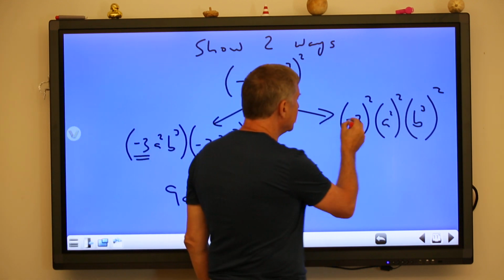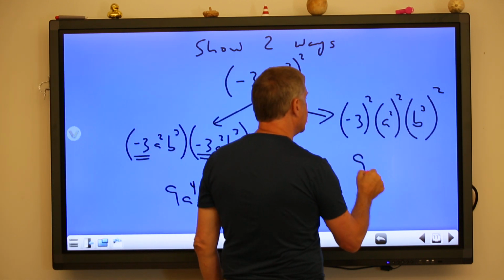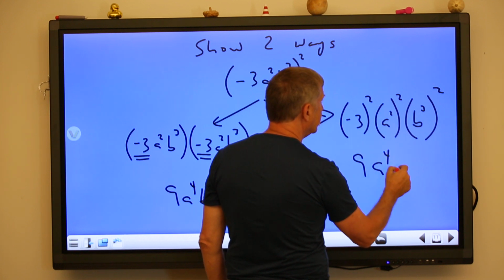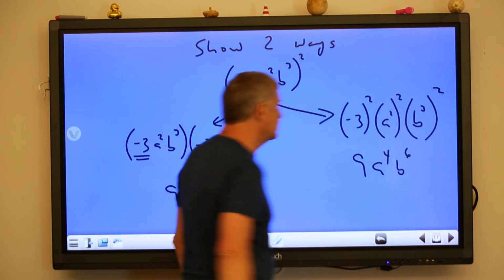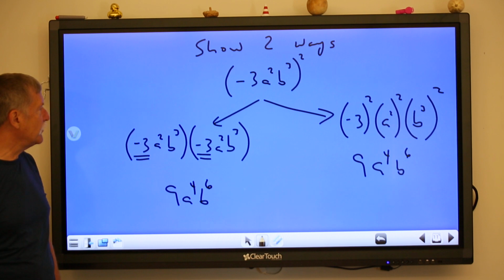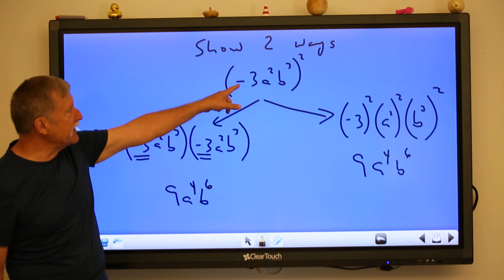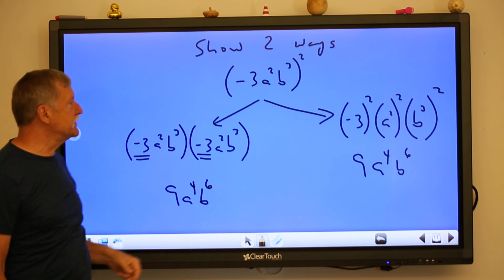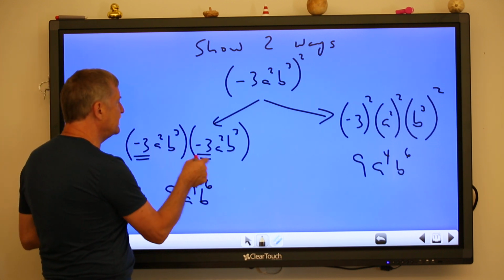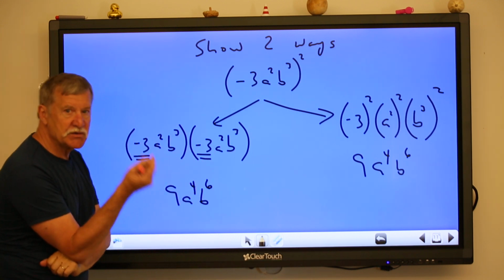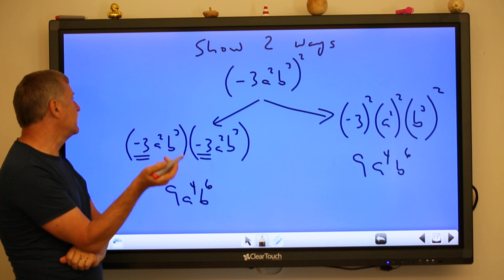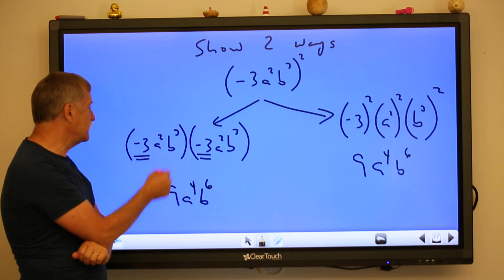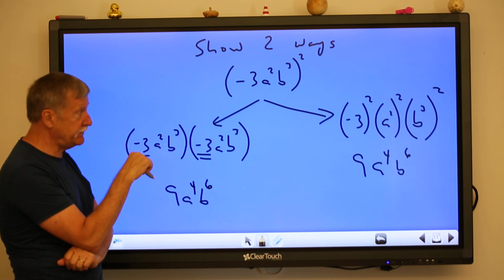Or here, minus 3 twice, 9, a to the 4th, b to the 6th. Those are the two different ways to do it. And notice that this minus sign is inside the parentheses. So the minus sign gets repeated twice, which makes it an even number of minus signs, which means the result has to be positive.